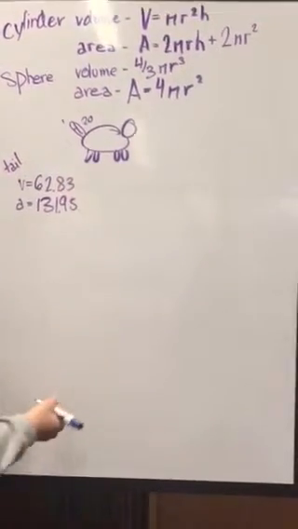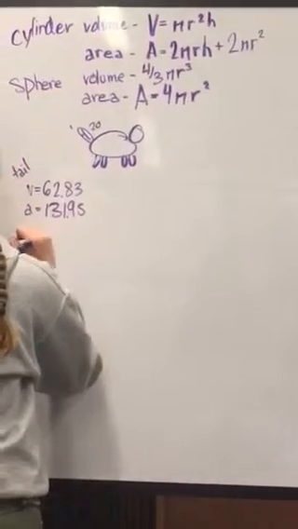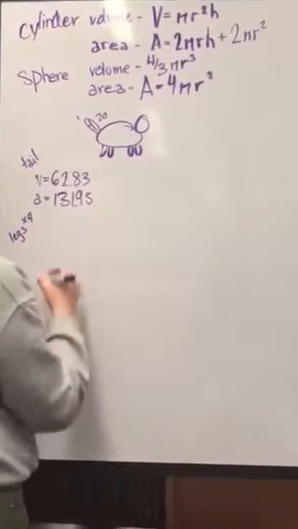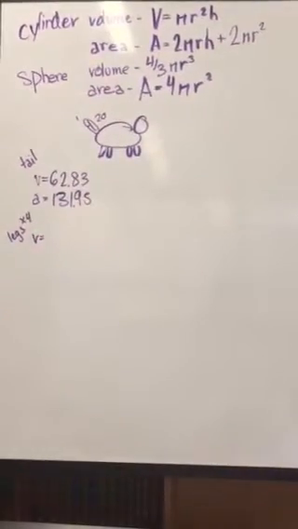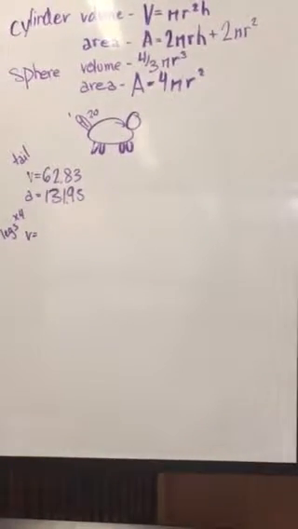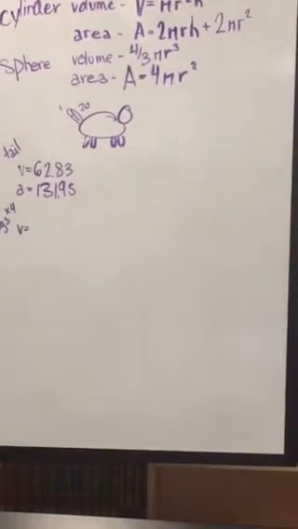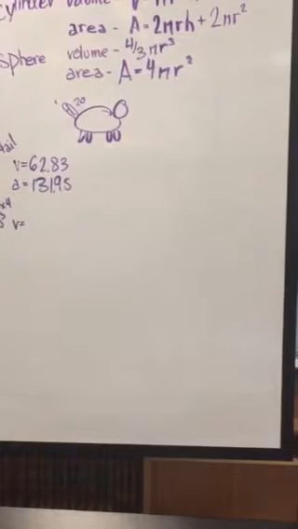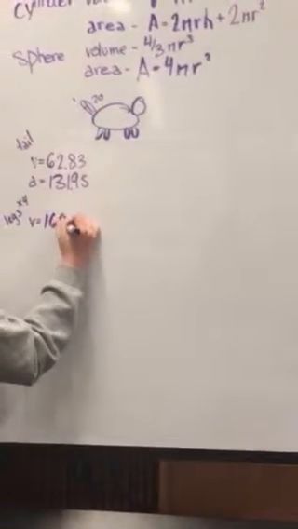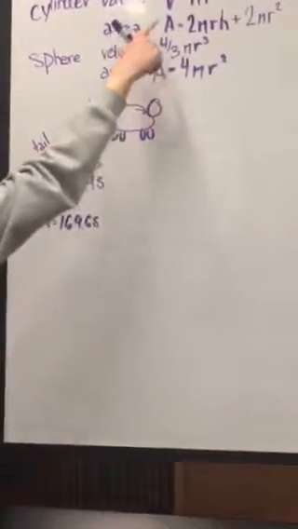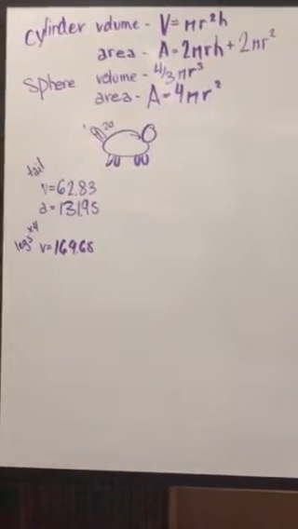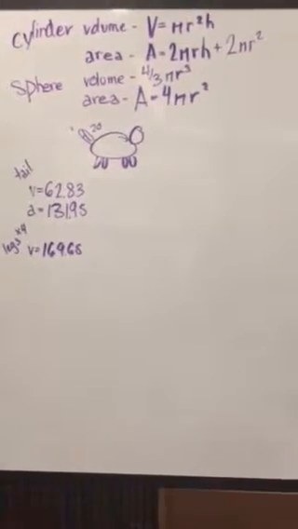Now we're going to try and find the legs. Because there are 4 legs, all the same, you just try and find 1 and then you times that number by 4. So the volume of the legs is 169.65 because we use this equation, because the legs are also cylinders, and the radius of the legs is 3.